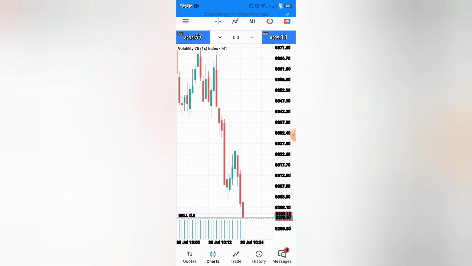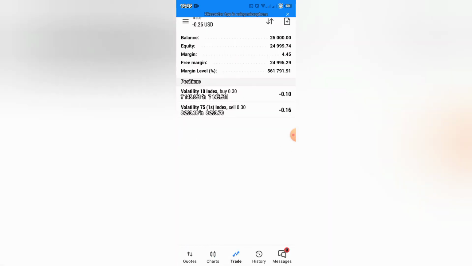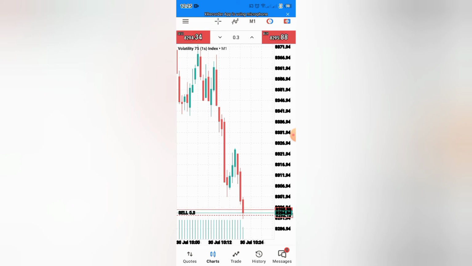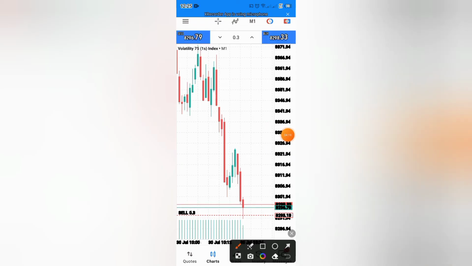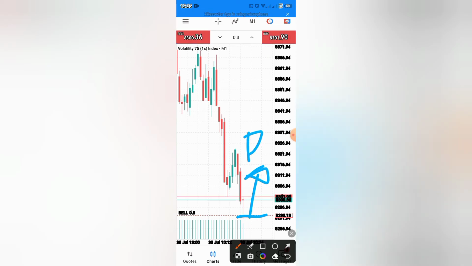If this thing continues going down, it means you are entering into profit. You see, you are entering into profit. And if it goes up, it means you are entering into losses. It's the same thing, just opposite to each other. So if you enter and it goes up, you are entering into profit. If it goes down, you are entering into losses. So that's how it is.